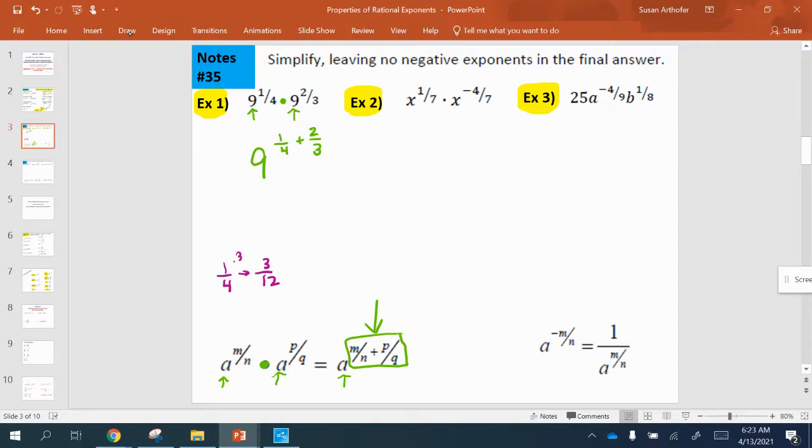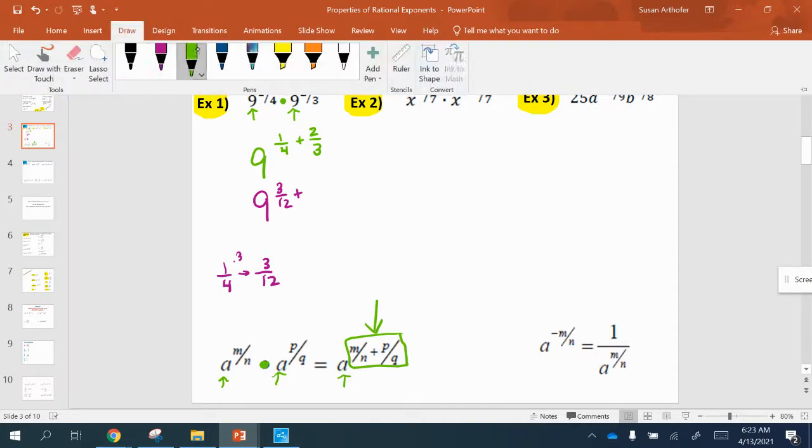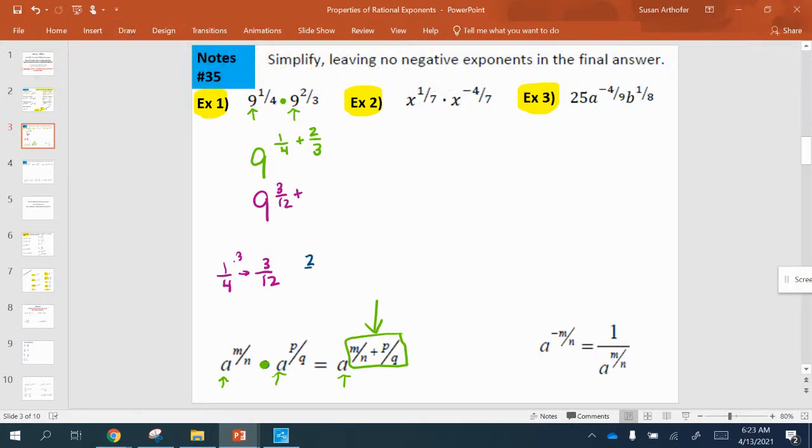So I'm going to use 9 to the 3/12 plus, now I have to do the same for 2/3. 2/3 needs to change to a fraction over 12, so I need to multiply by 4. So that would be 8/12. And now I can get my final answer. The base stays the same, 9. 3/12 plus 8/12 is 11/12. And that would be the final answer.